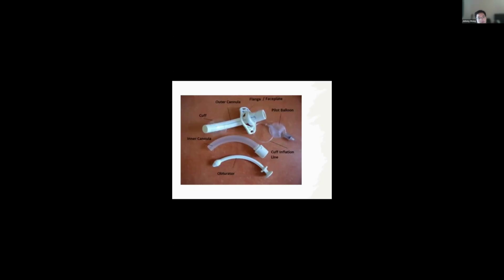Just to start by going over the parts of a trach. Not all trachs are the same. There's many different types of them out there. Most of them nowadays will be similar to the one you see on the screen here, where they're going to have a dual cannula system. So you have this outer cannula, as well as an oftentimes replaceable inner cannula.